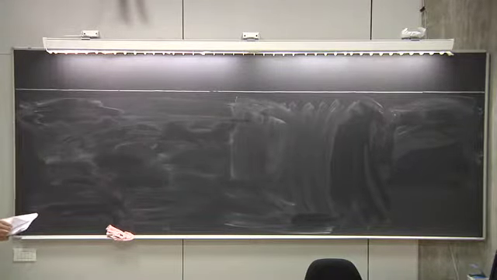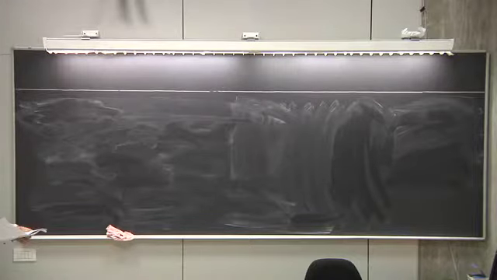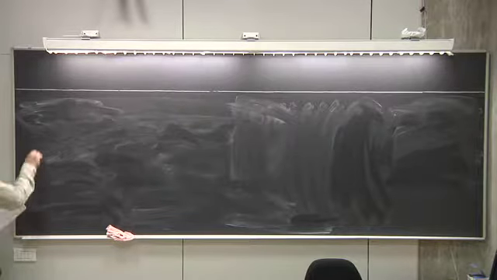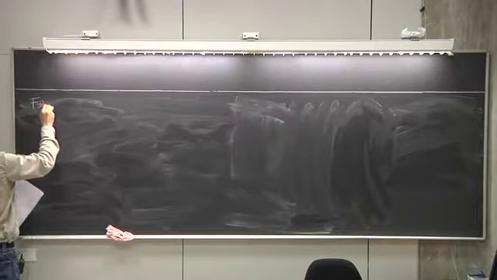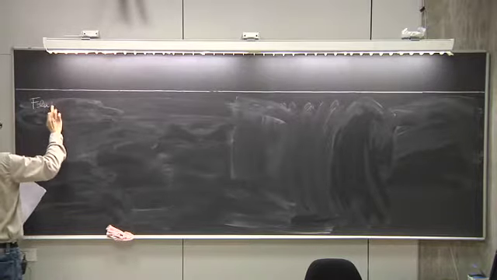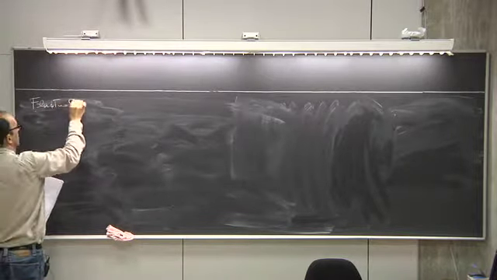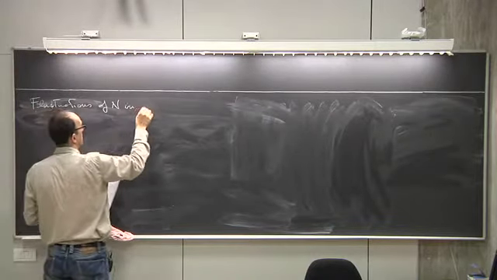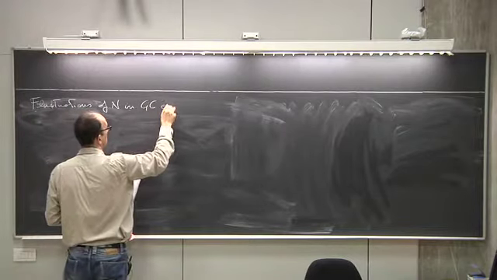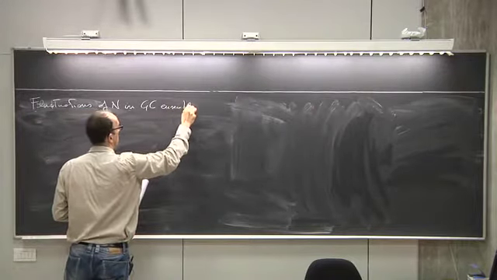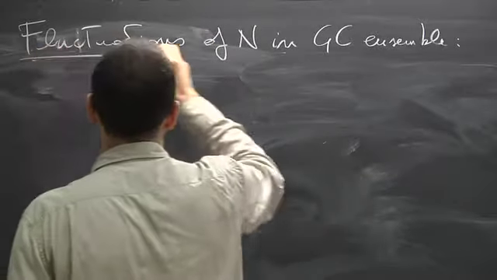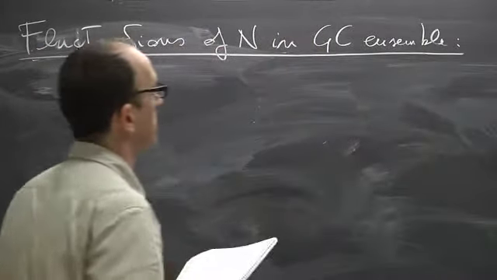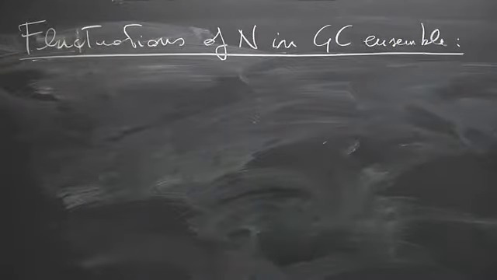So it is important to compute the fluctuations of the number of particles in the grand canonical ensemble, to see when it is that these fluctuations are really small.